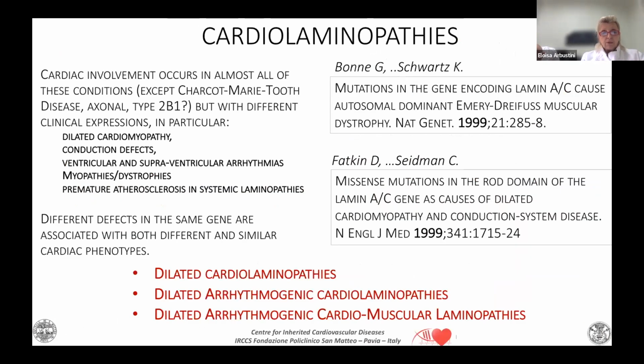I would like to credit the discovery of this gene to my friend Kitty Schwartz, who first demonstrated the association of lamin A/C with Emery-Dreifuss muscular dystrophy. Immediately after that, the team of Christine Seidman first demonstrated the association of mutations in these genes with dilated cardiomyopathy and conduction disease.